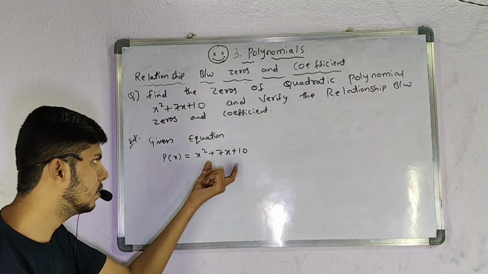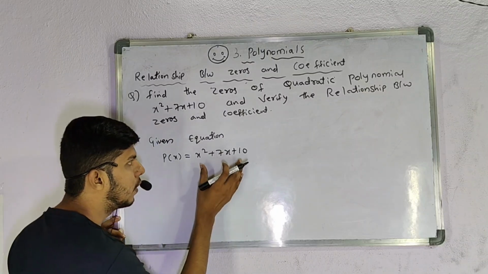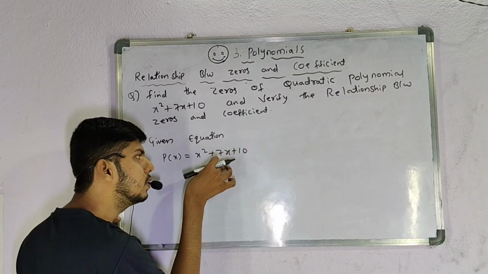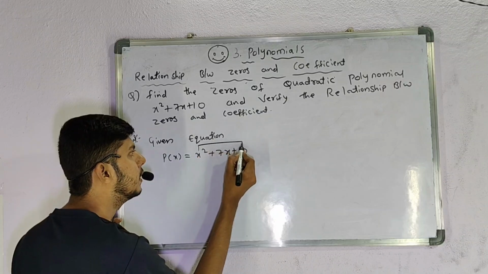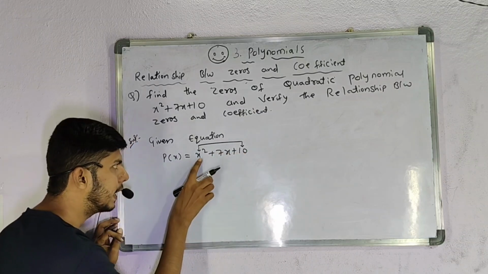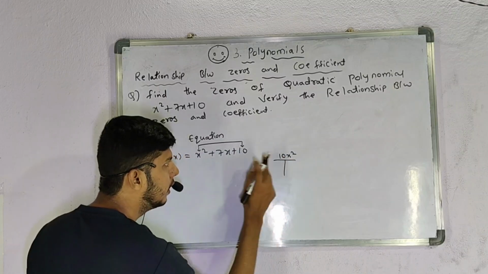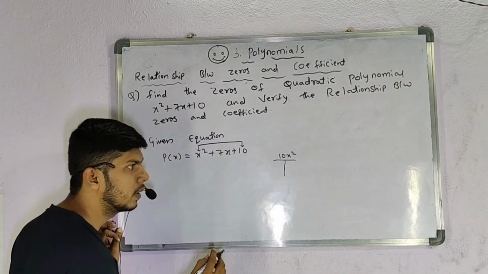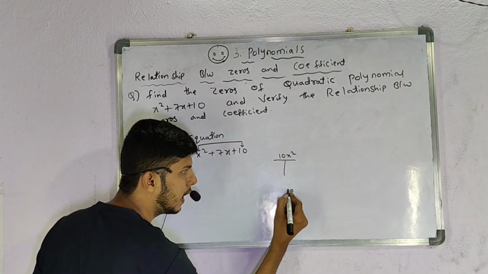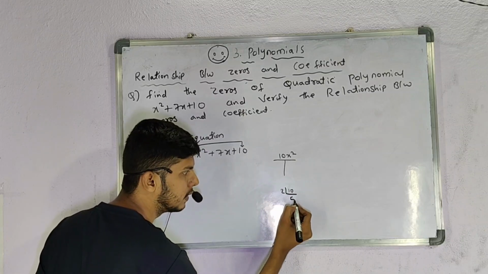To find the zeros of this quadratic, multiply the first and last terms: x square into 10 gives 10x square. Take that number and find factors: 2 fives are 10.